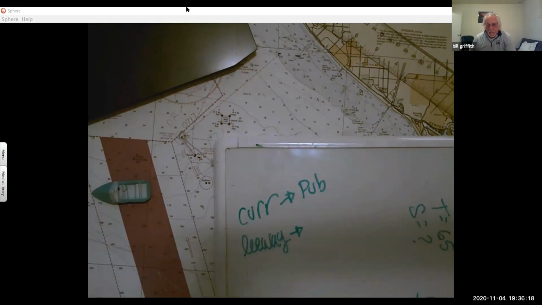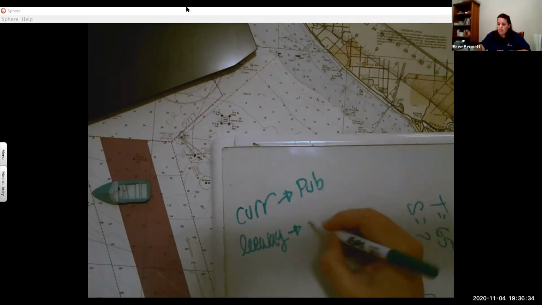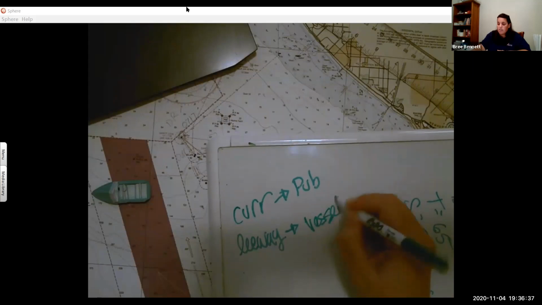You know that if it's blowing 20 knots, you have to head into the wind 2 or 3 degrees, or 5 degrees if it's 30 knots, or 1 degree if it's 10 knots, whatever it is specific for your vessel. So that's going to be vessel specific.